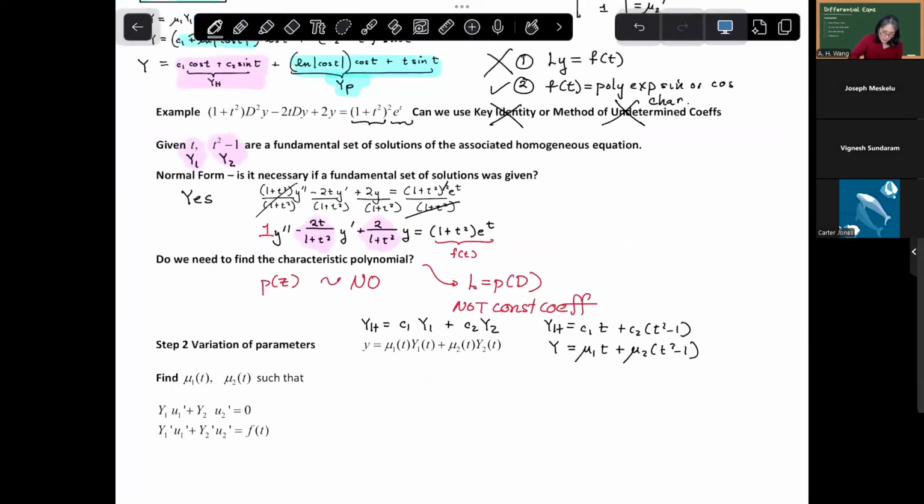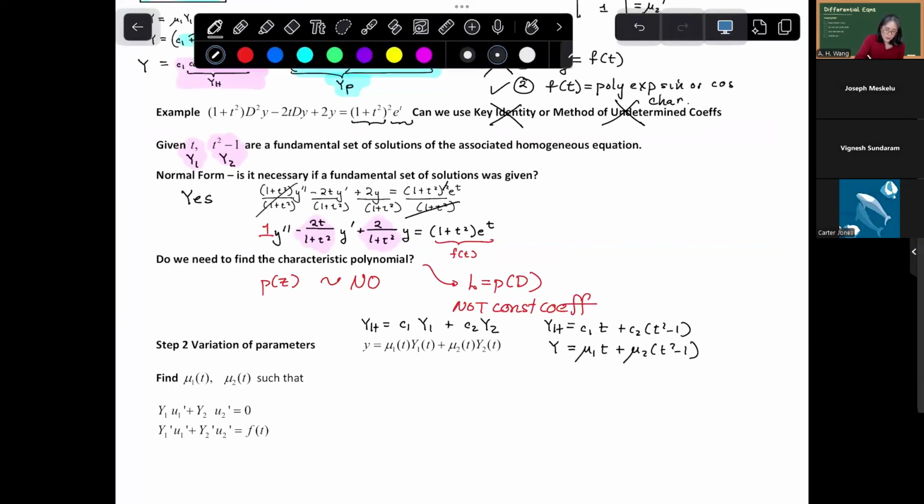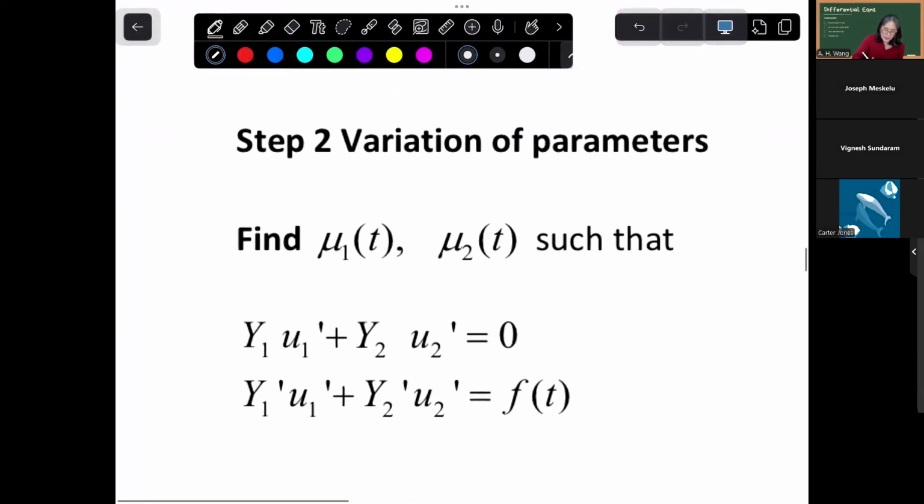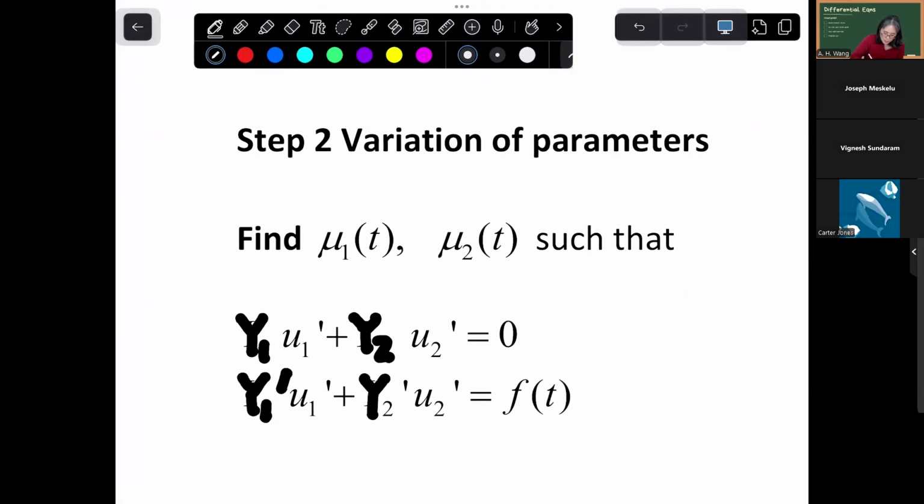Always remember how it goes. You want to find something like this, where you have Y1, Y2, then you have Y1 prime, Y2 prime. Pretend you're writing out the Wronskian. Then you have mu1 prime, mu2 prime, and this forcing only works for the one in normal form.